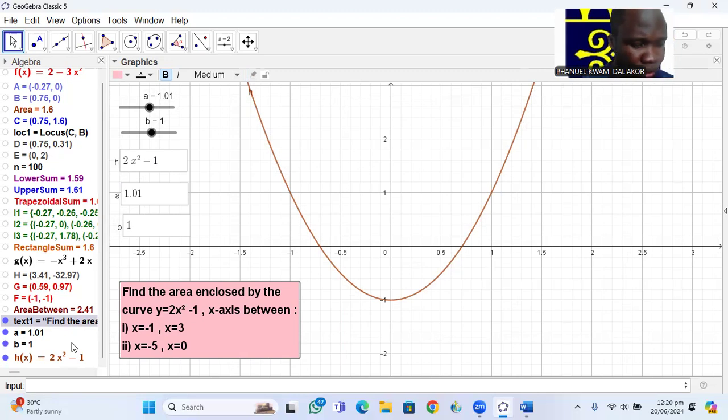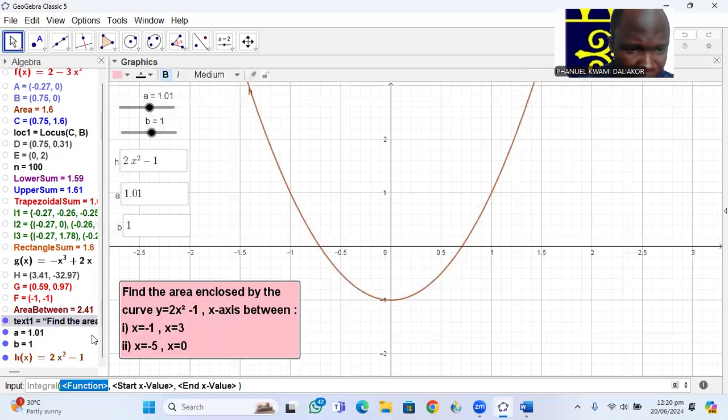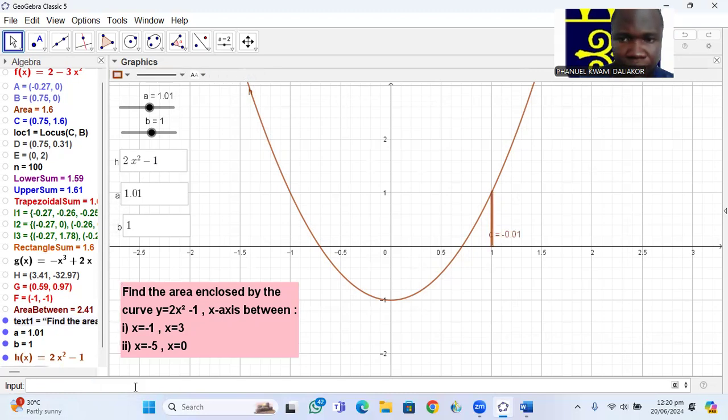Now let's have the integral. So I'll type integral.